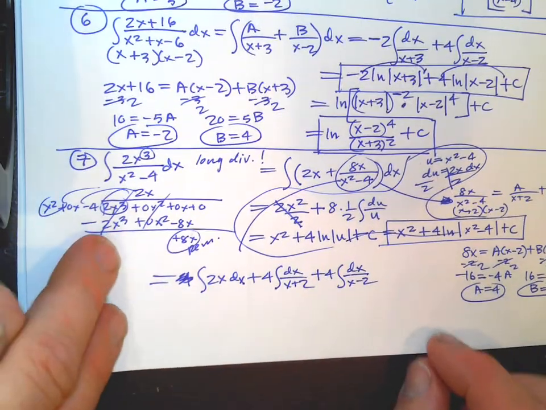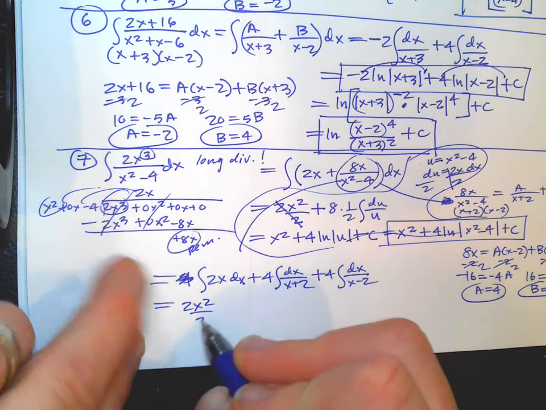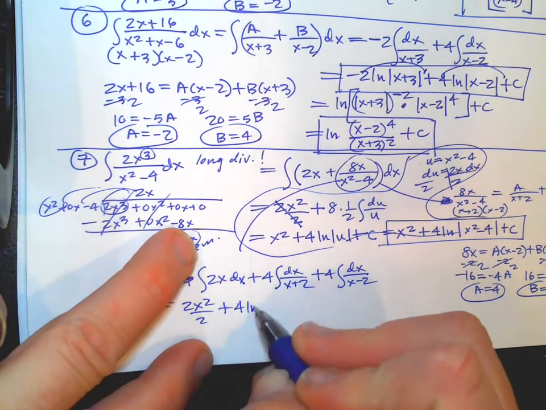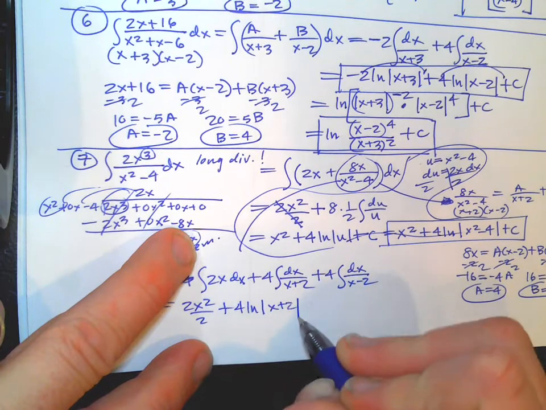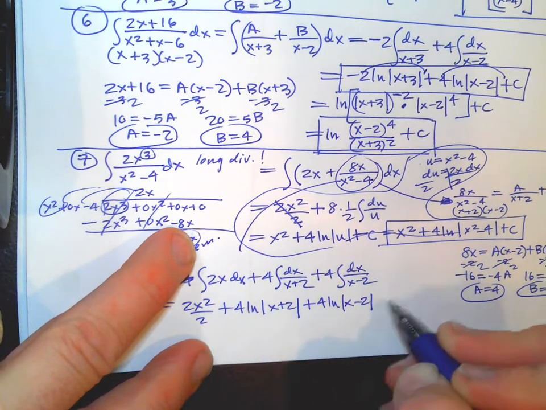It's just an alternative way to do it. So then you get 2x squared over 2, plus 4 natural log of the absolute value of x plus 2, plus 4 natural log of the absolute value of x minus 2, plus C.